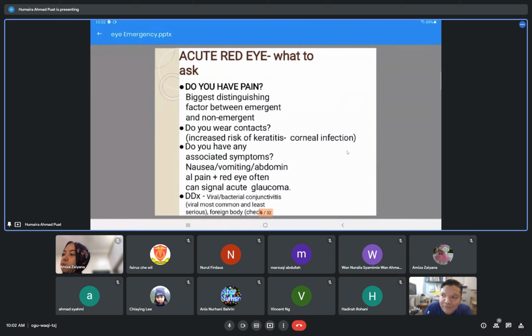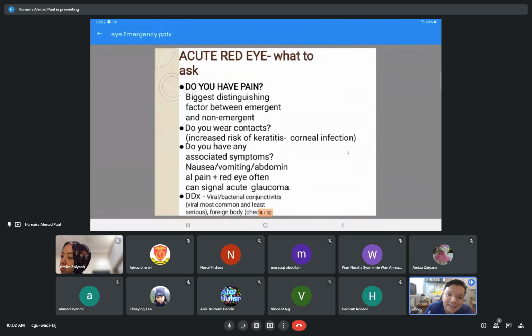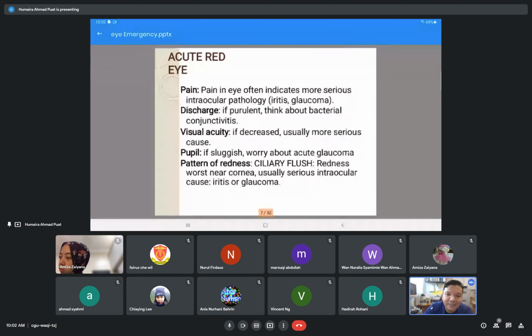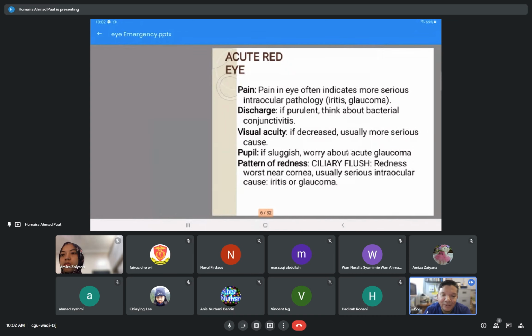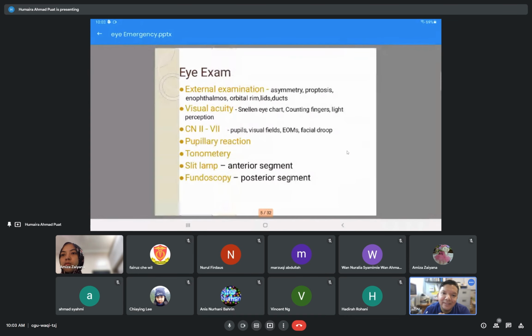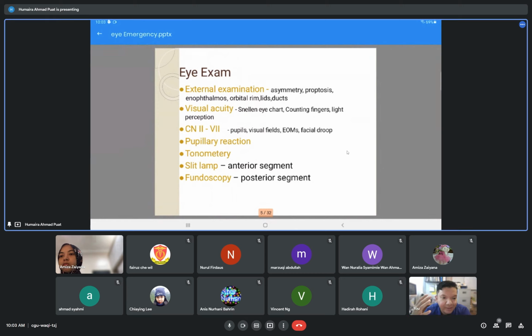Let's say for examination, actually we can go back to your first few slides. When you have a patient, how do you assess the eye, from outside to inside? Always start with inspection. If trauma, comment on whether there is periorbital trauma or swelling.